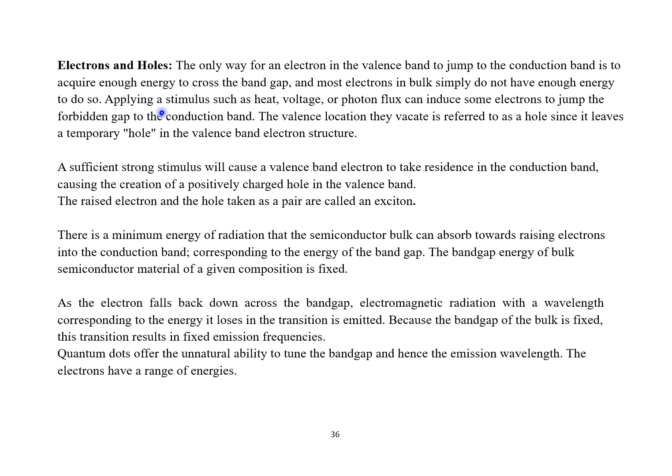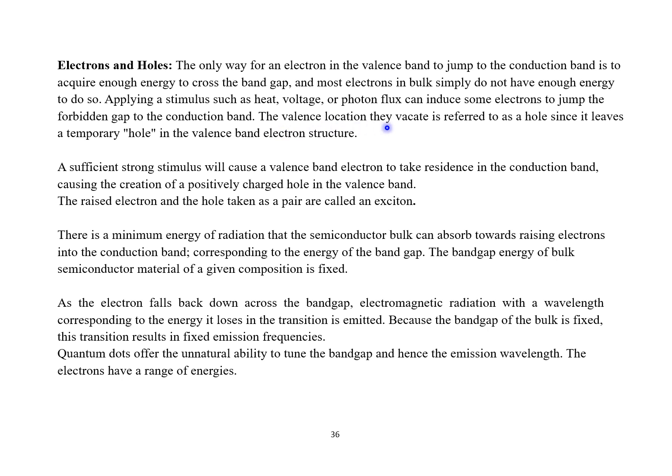Applying a stimulus such as heat, voltage, or photon flux can induce some electrons to jump this forbidden gap to the conduction band. فإذا أكو exciting energy such as heat, voltage, and so on, or photons for example, هاي رح تساعد هاي electrons to jump this forbidden energy gap.